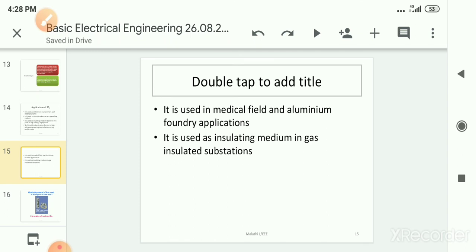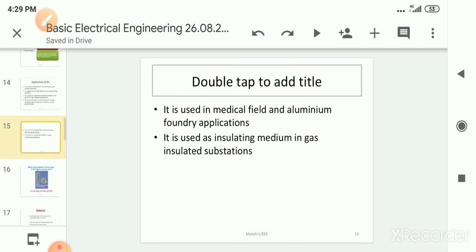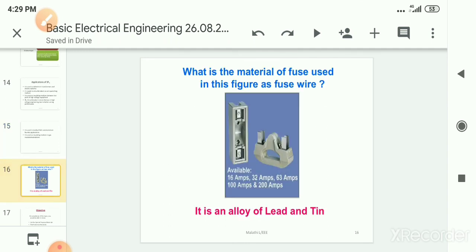So, in electrical engineering, special materials are classified into many types. Mainly, they are classified into 6 groups. See, what is the purpose of this special material? Here, what is the material used in this figure? It is an alloy of lead and tin.